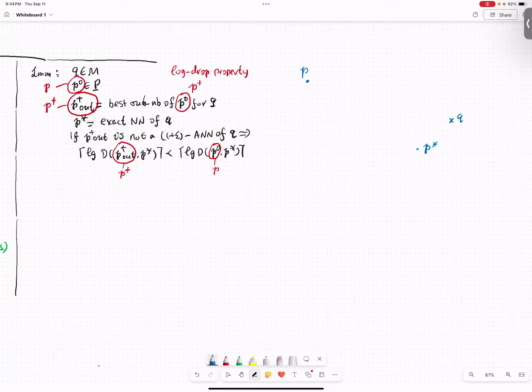Before I show you the entire proof, let me first give you the main idea behind the proof, and in particular explain how everything is related to R-nets.